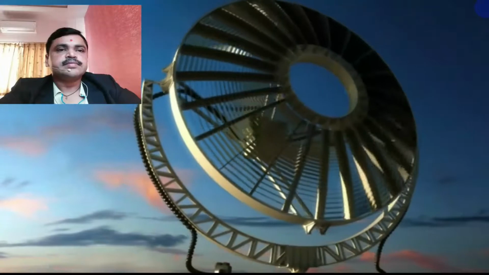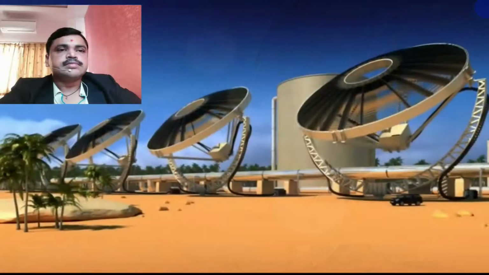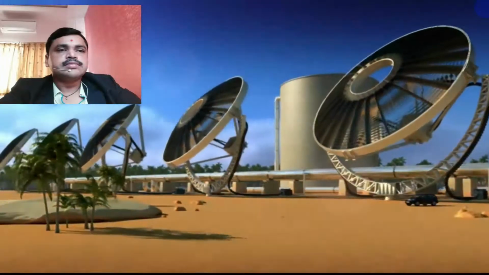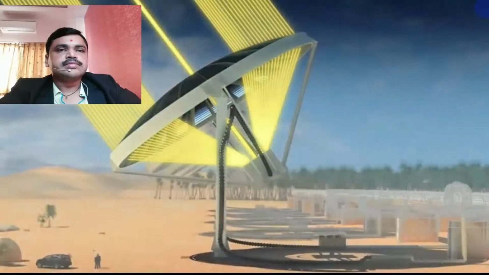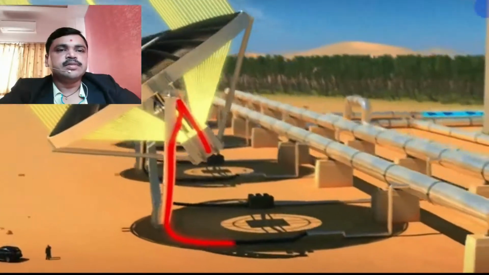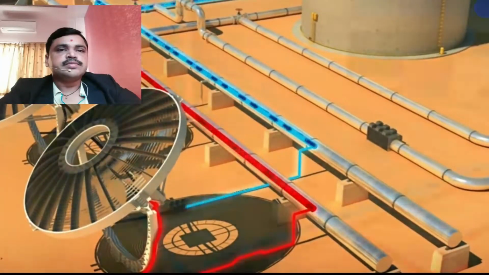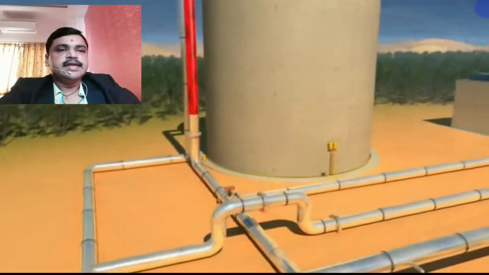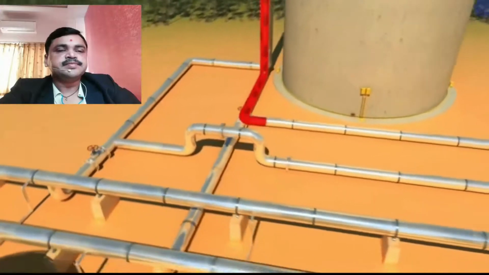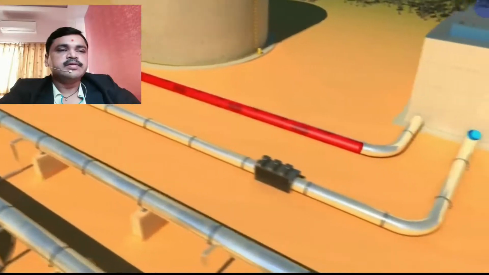Solar power plant. Solar radiation is absorbed. Hot fluid is passed in the heat exchanger and it is replaced by cold fluid.